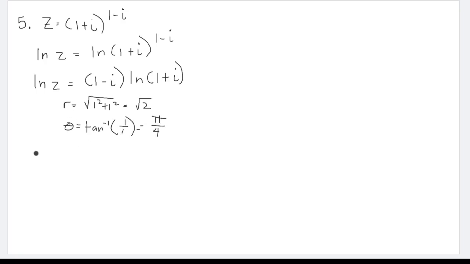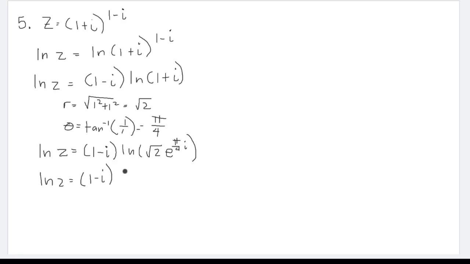So we have r and theta, so ln c is equivalent to 1 minus i times ln of square root of 2 times e^(pi over 4 i), which is ln square root of 2 plus pi over 4 i.